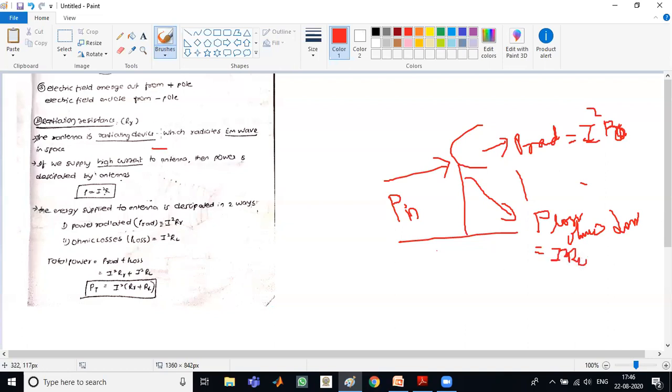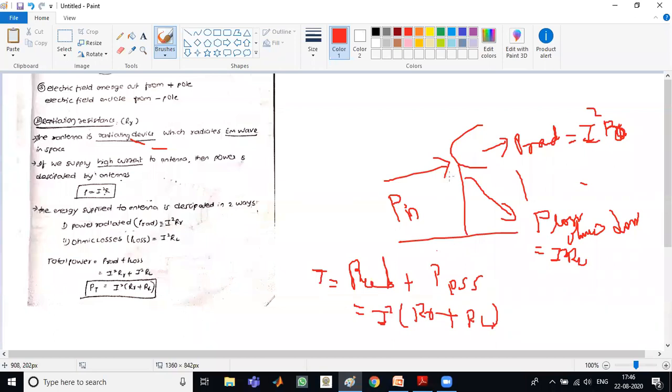Total power is given by power radiated plus power loss, that is, taking I square common, I square into radiation resistance plus R_L. Simple.